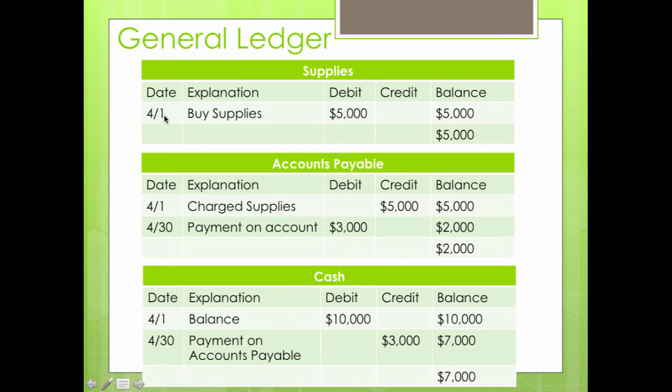That happened on April 1st. That was to buy supplies, and it was done by debiting $5,000. And then you're going to record the balance for $5,000 for that line. And then since there's nothing else to really apply here, you bring down the balance at the bottom, which is $5,000.